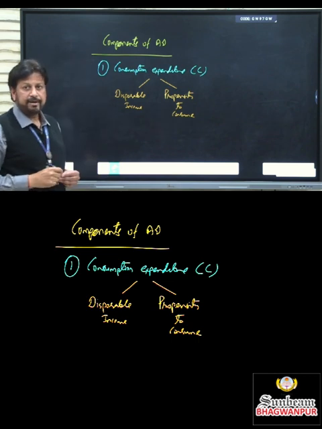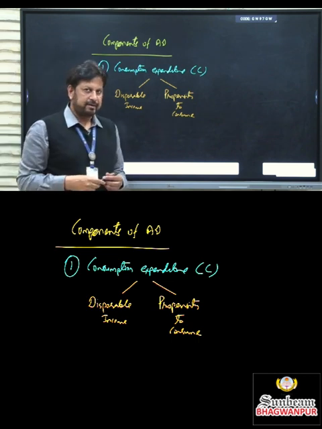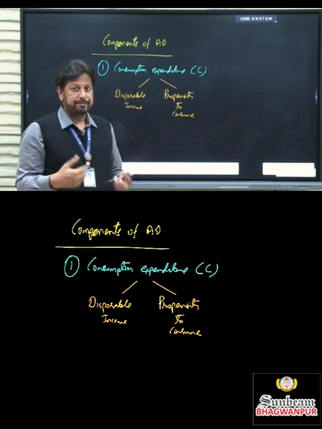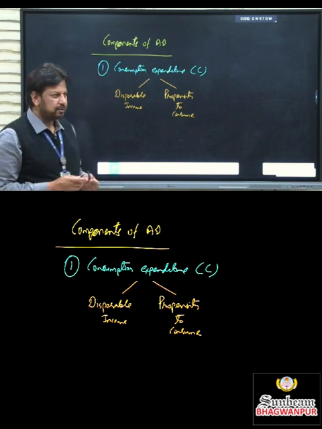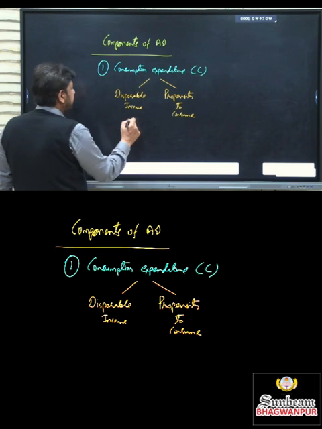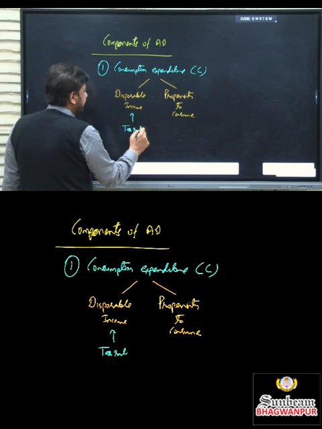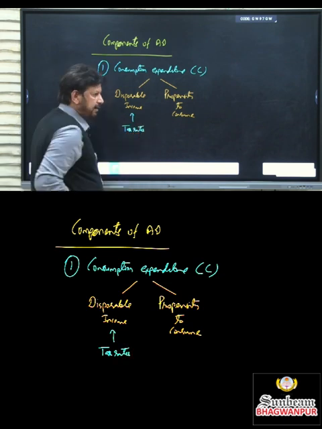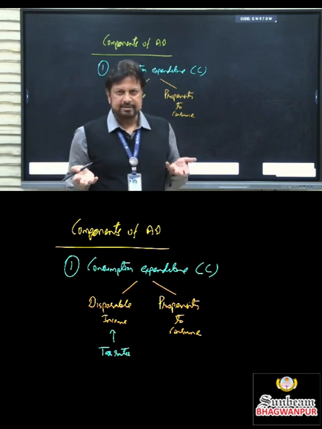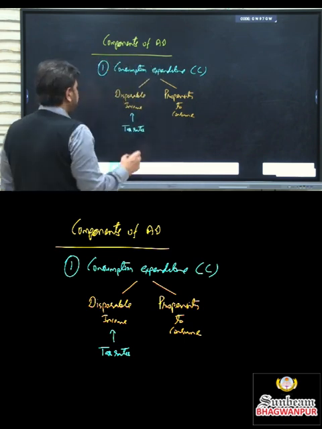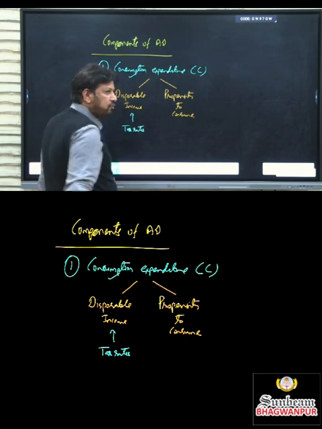Now disposable income, all of you know, is the income left after paying direct taxes. So disposable income is inversely related to tax rates. If the government is raising taxes, disposable income is going to fall, and then consumption expenditure is also going to fall.